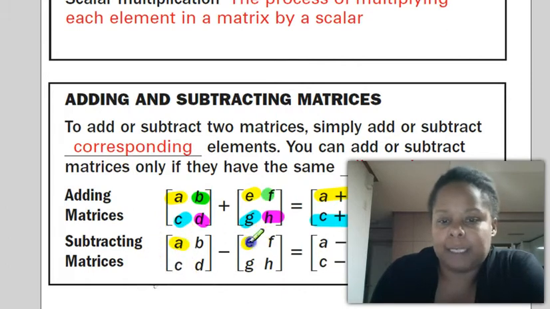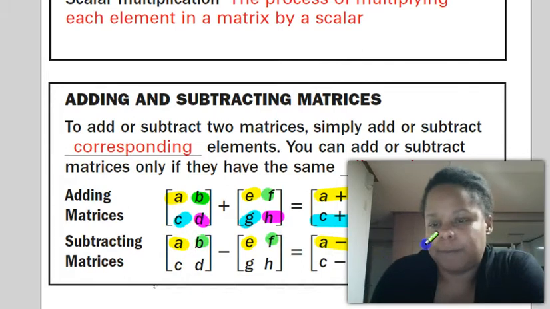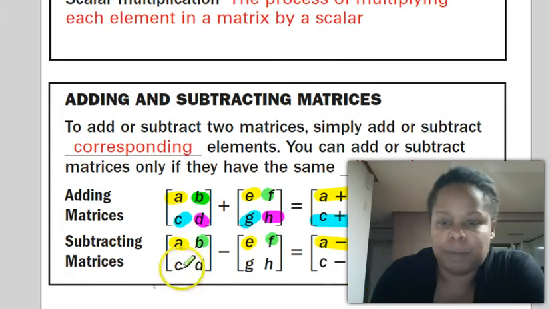Here, A minus E, so that means we subtract E from A. B and F, we subtract F from B. C and G, we subtract G from C. And then D and H, we subtract H from D. I know, super easy, okay?